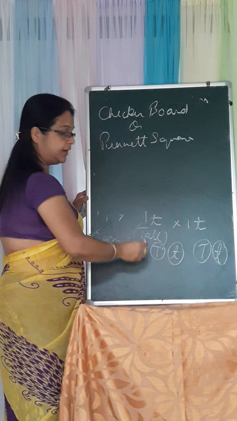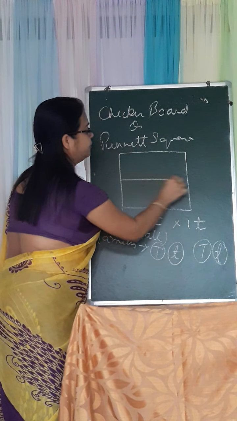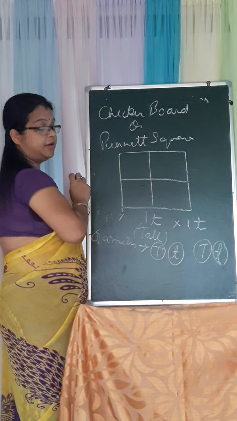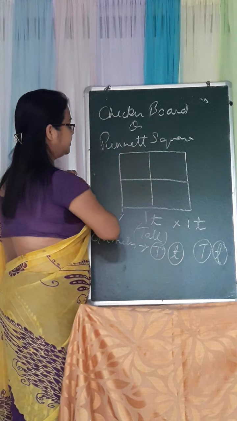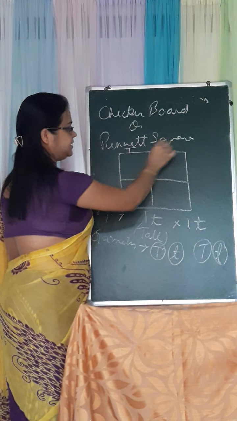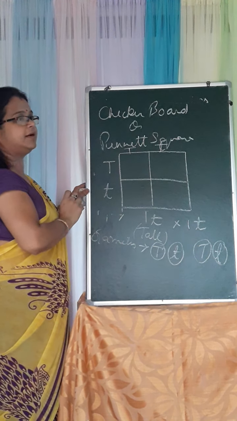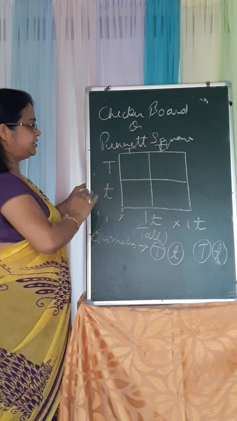Since there are 4 gametes, we prepare a board with 4 boxes. Now this capital T we put here, this small t here, capital T here, small t here. These are the gametes arranged in different positions of the board.